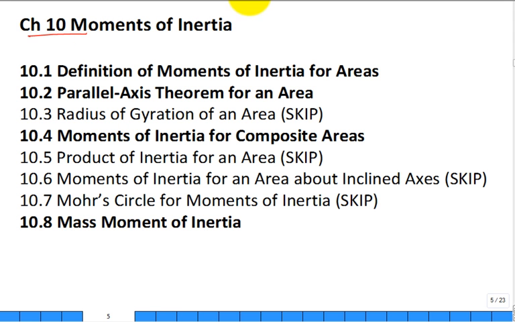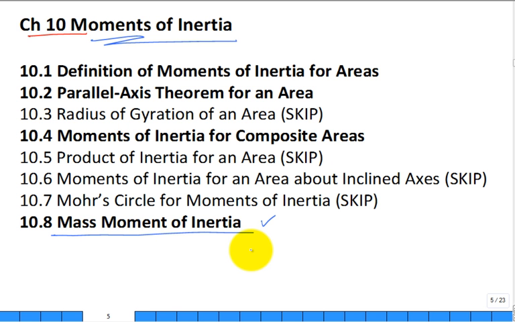Well, this term may leave you cold, like I don't really know much of what they're talking about. It really comes down to mass moment of inertia, and that's a great lead into dynamics, the next class. But they still use the same terminology of having moments, and it's related to an area or a volume.